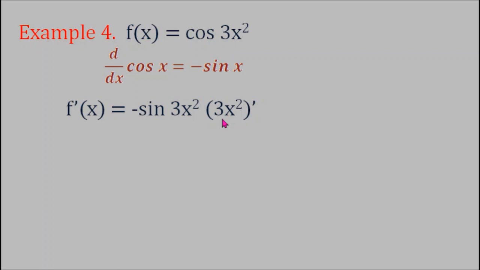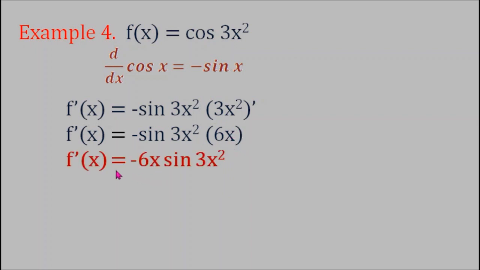And the derivative of 3x squared is 6x. So that's why we have negative sine 3x squared times 6x. And we can just write this 6x up front. So we have the derivative of cosine 3x squared is negative 6x sine 3x squared.